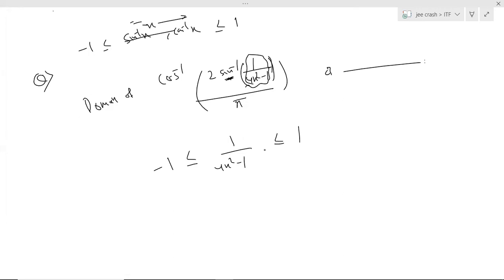All right. So please solve this and tell me what equation you get. First solve this, then this. You guys know how to solve these inequalities?